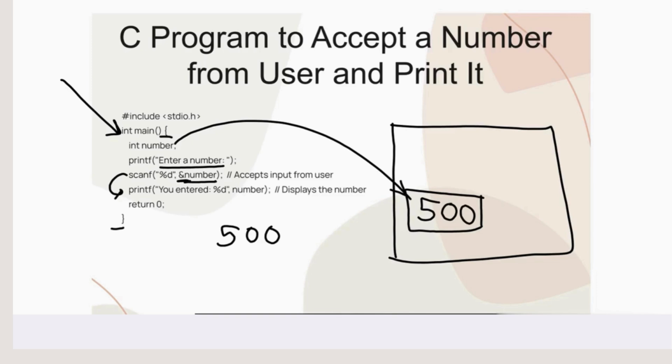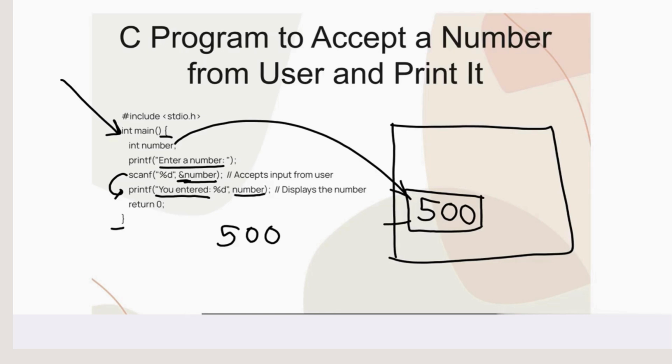So once the user has pressed the enter key, this line is executed. The next print statement says you entered. So on the output screen, I'll get a normal print message, you entered, colon, %d number, the value which was given by the user. So what is the value at number address? What is the value at the location of this number variable? 500.